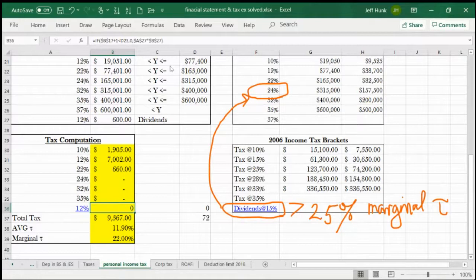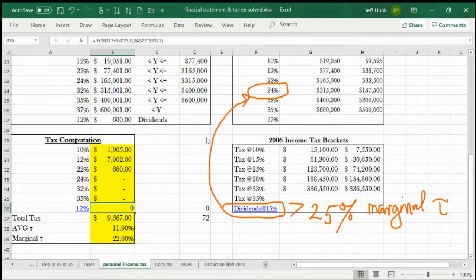Top 1% wealthy. And even the people who make between 165K and 315K would be somewhere between the top 10% and the top 1%.